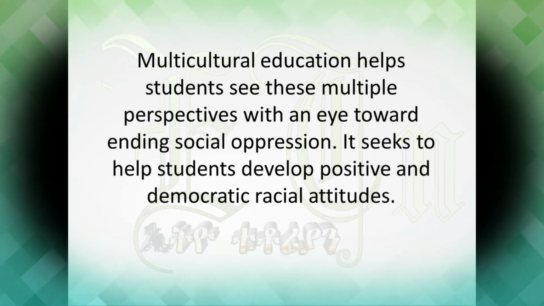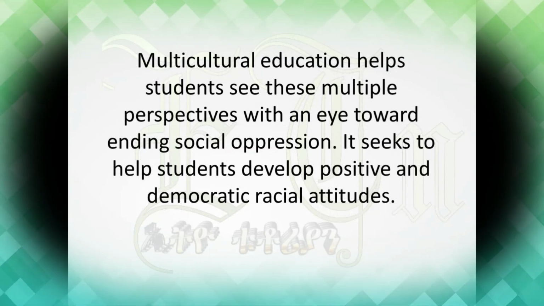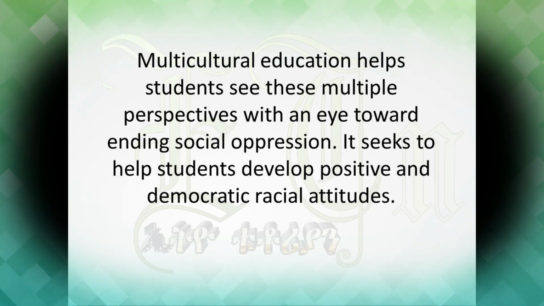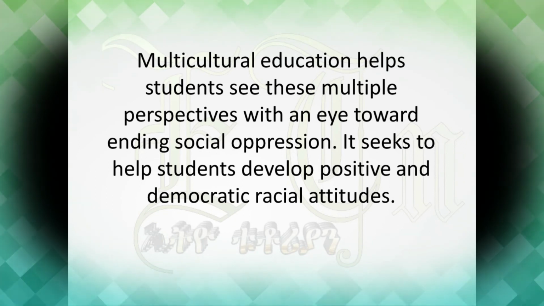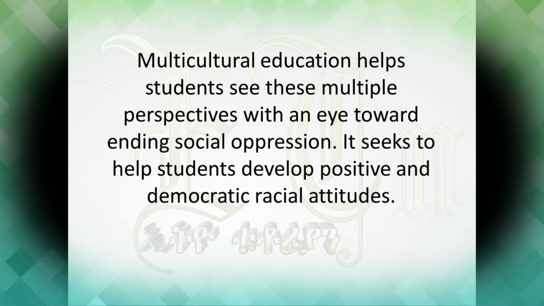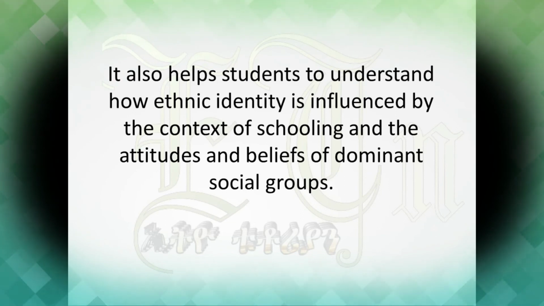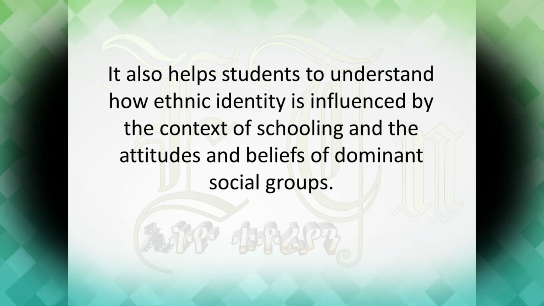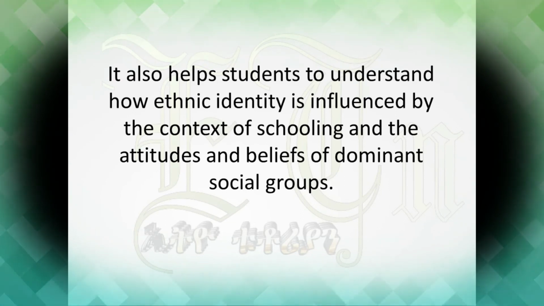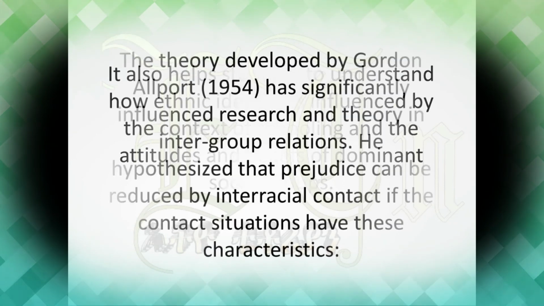Multicultural education helps students see these multiple perspectives with an eye toward ending social oppression. It seeks to help students develop positive and democratic racial attitudes. It also helps students to understand how ethnic identity is influenced by the context of schooling and the attitudes and beliefs of dominant social groups.